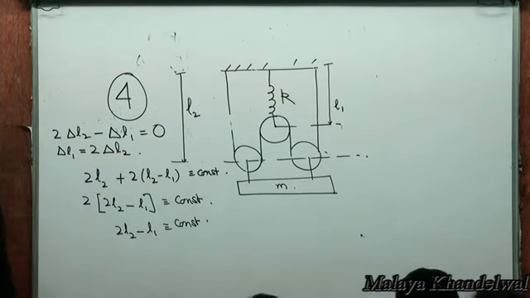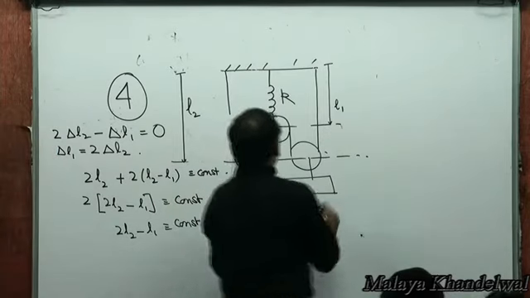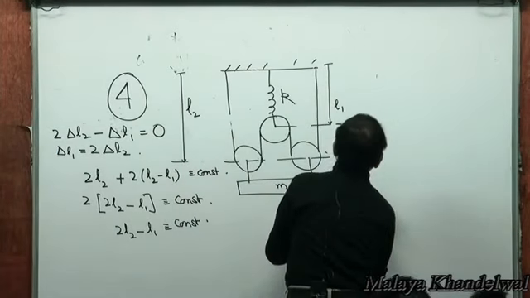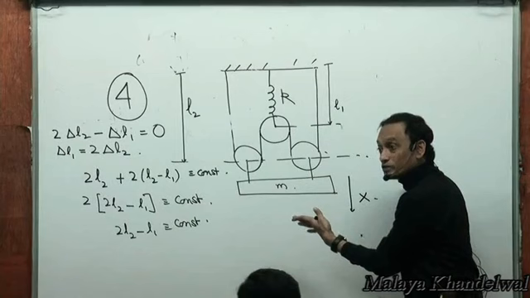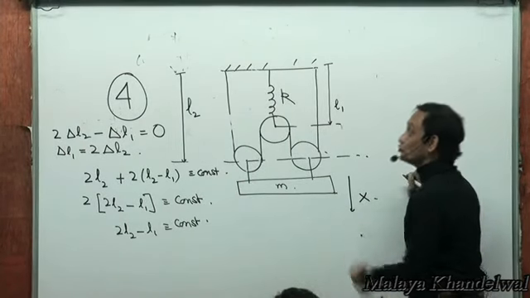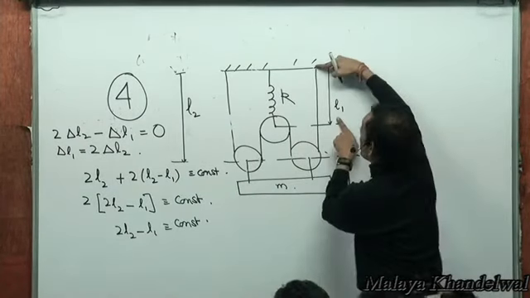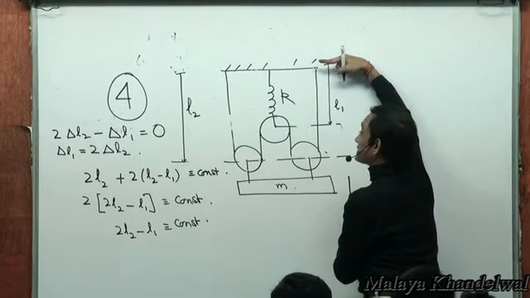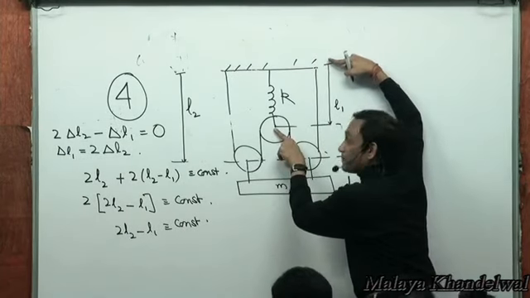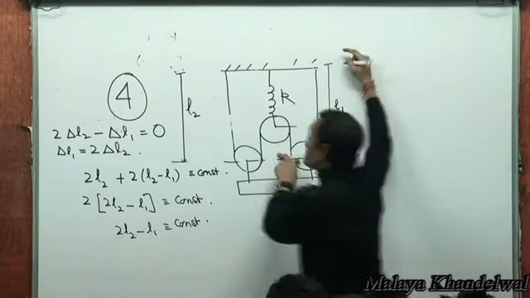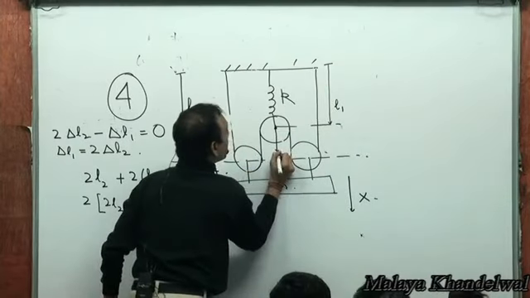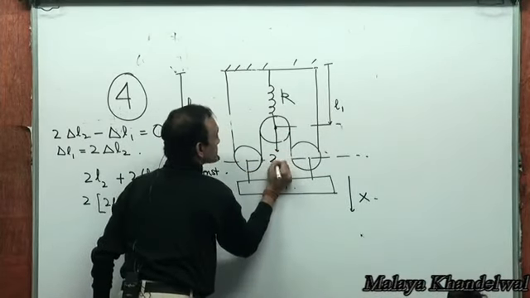Delta L1 must be twice delta L2. Right? That means if this mass descends by an amount x, which is change in L2, then change in L1 would be twice x. Change in L1 will represent what? Extension of the spring. The spring will elongate by an amount 2x.